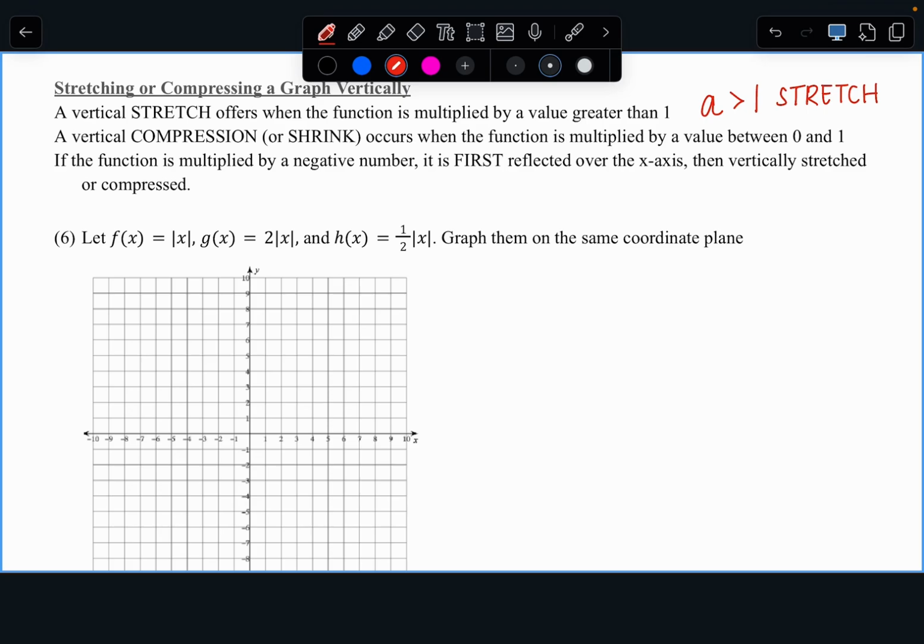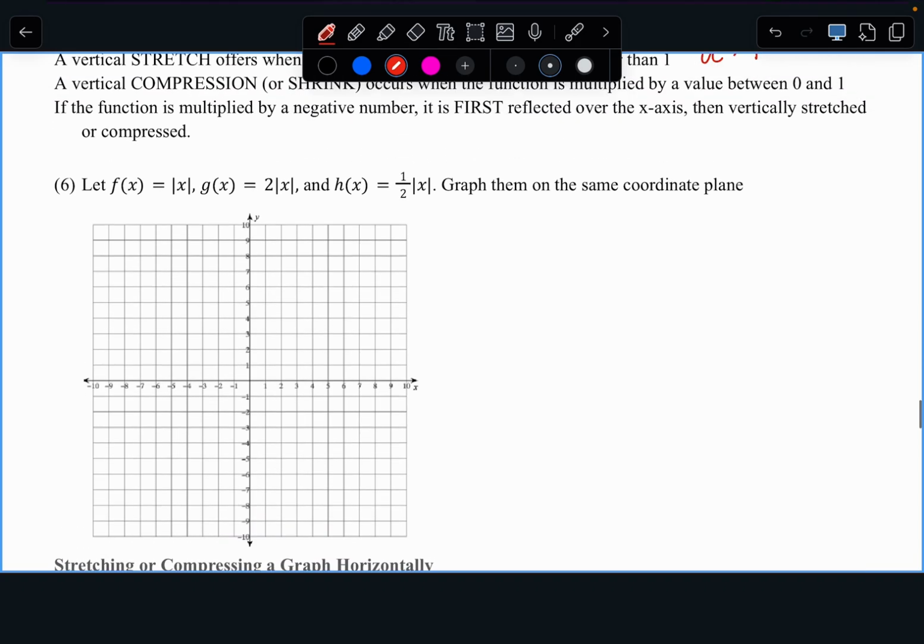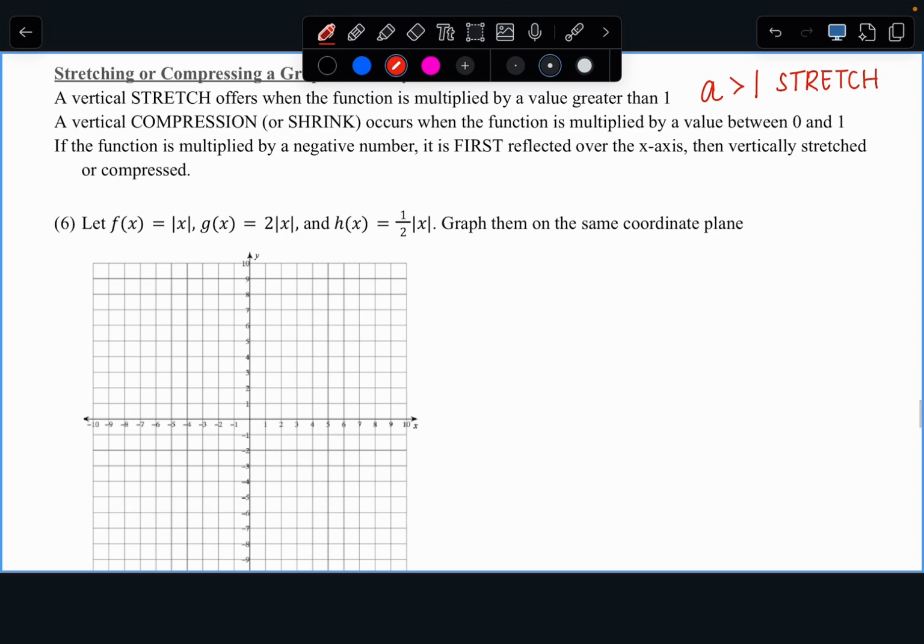If it's a number between 0 and 1, it is a compression, also known as a shrink. Let me show you what I mean by that. Hopefully at this point you know that the absolute value starts at 0, 0 and looks like a V.